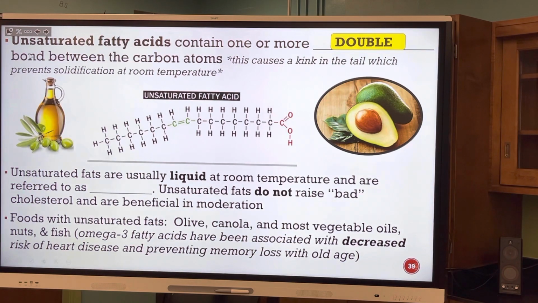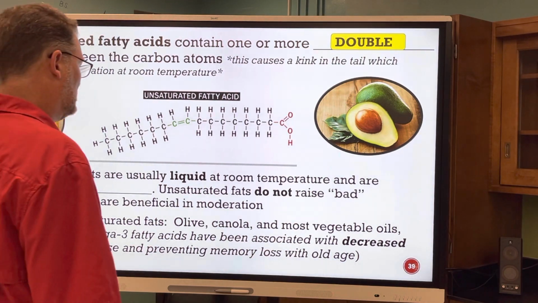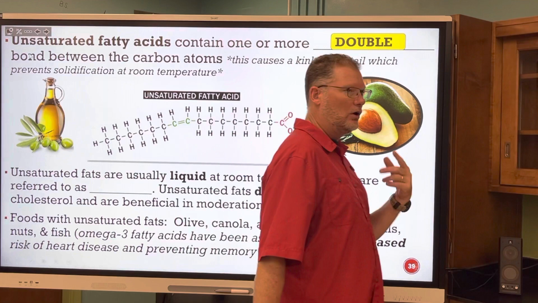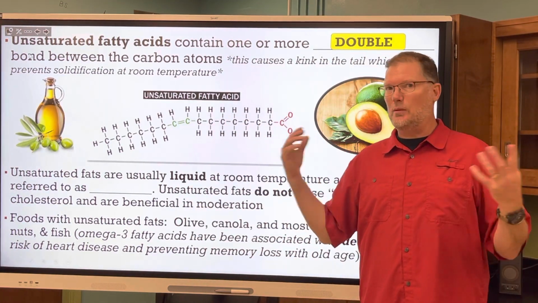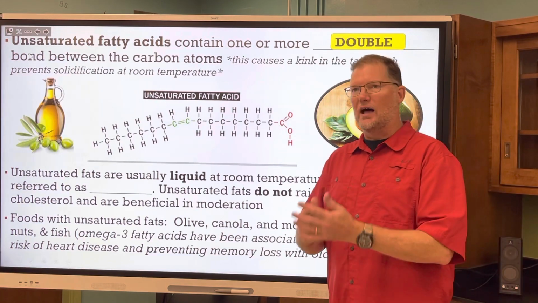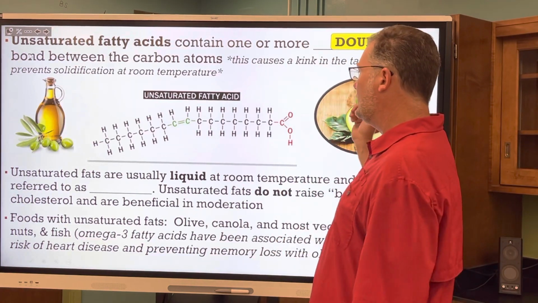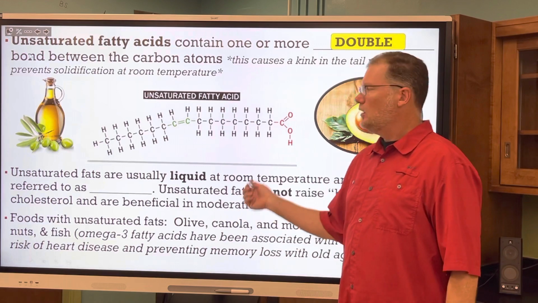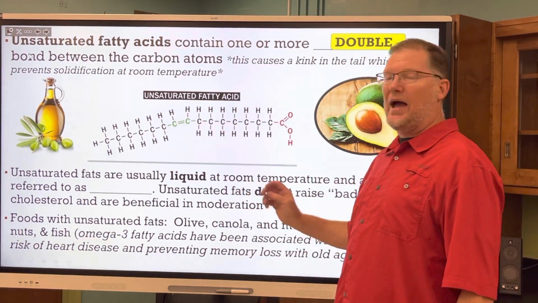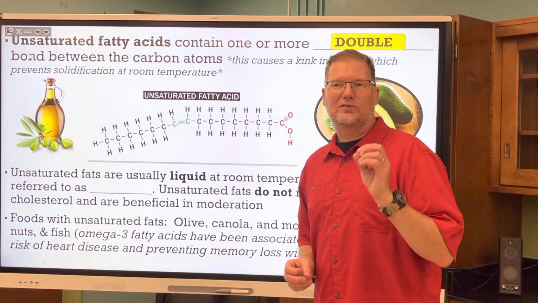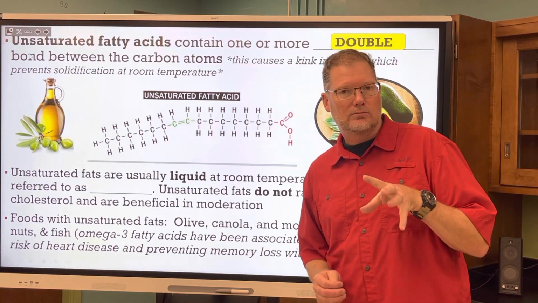So pretty much any oil, okay, be it from an avocado or olive oil, grapeseed oil, a lot of those vegetable oils are going to be liquids because they are unsaturated. So they are better for you, but they're still fat.